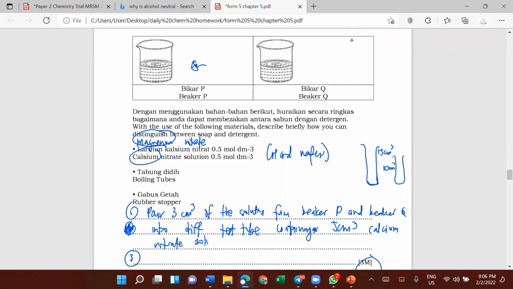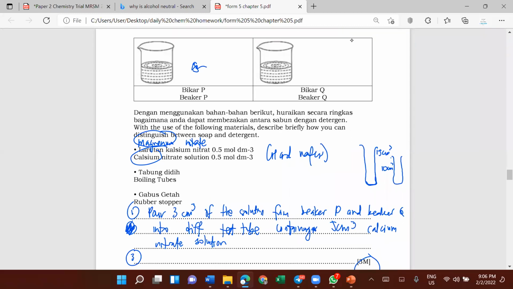Read my sentence first and see whether you understand what teacher just said. You can put it together or separate them, it's fine. So teacher took 3 cubic centimeters of the solution from beaker P and 3 cubic centimeters from beaker Q, and put them in two different test tubes, which already have 5 cubic centimeters of calcium nitrate solution. Does that make sense to you?